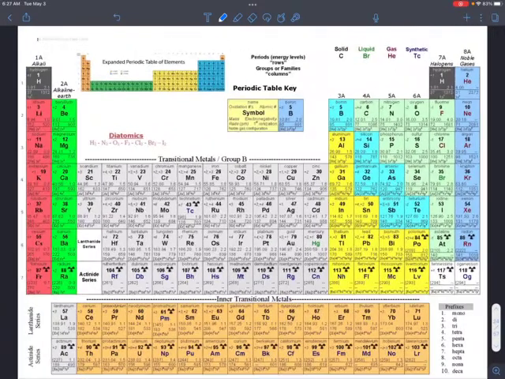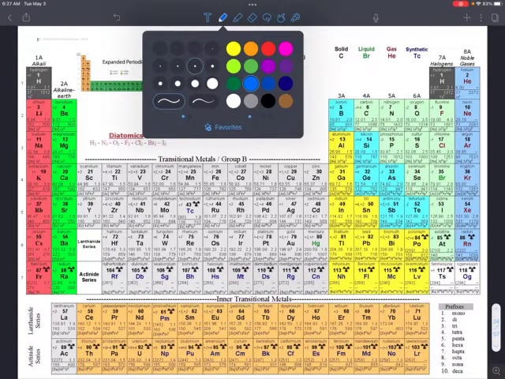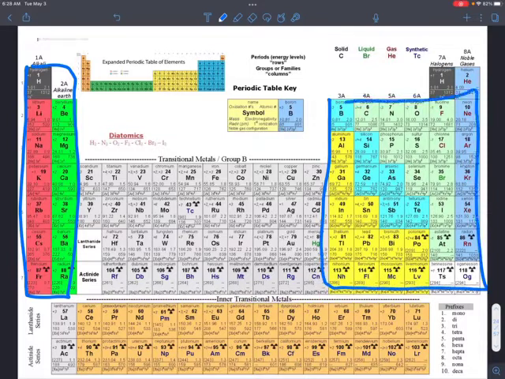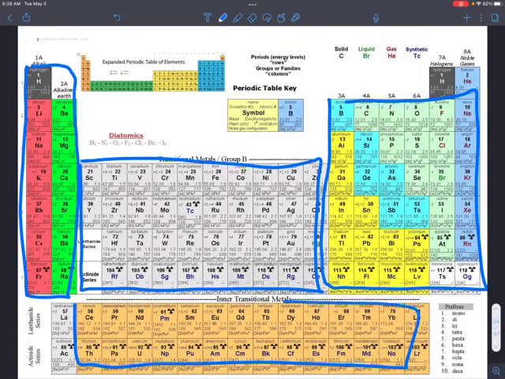There we go. All right, so personally, I think the easiest way for you to remember this: if we have the S block over here, and over here you have your P block, and then we have our D block here, and then the F block down here.